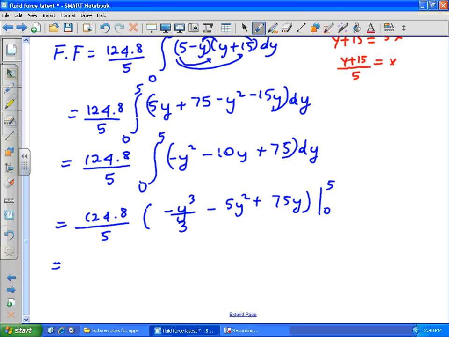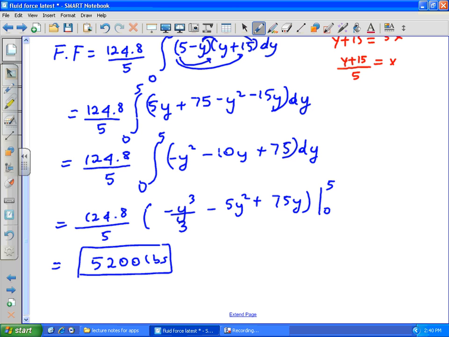Okay, so if you got 5,200 pounds, you got it right. So the total fluid force across the vertical end of this trough that is filled with water turns out to be 5,200 pounds.